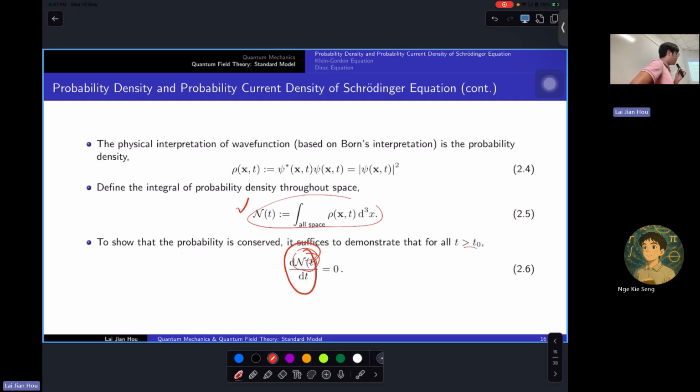Probability conserved means that the whole space has a total probability of 1, let's say, and after some time it is still equal to 1. So it is not changing over time, it is constant. That is why we take the rate of change of this integral to be equal to 0.